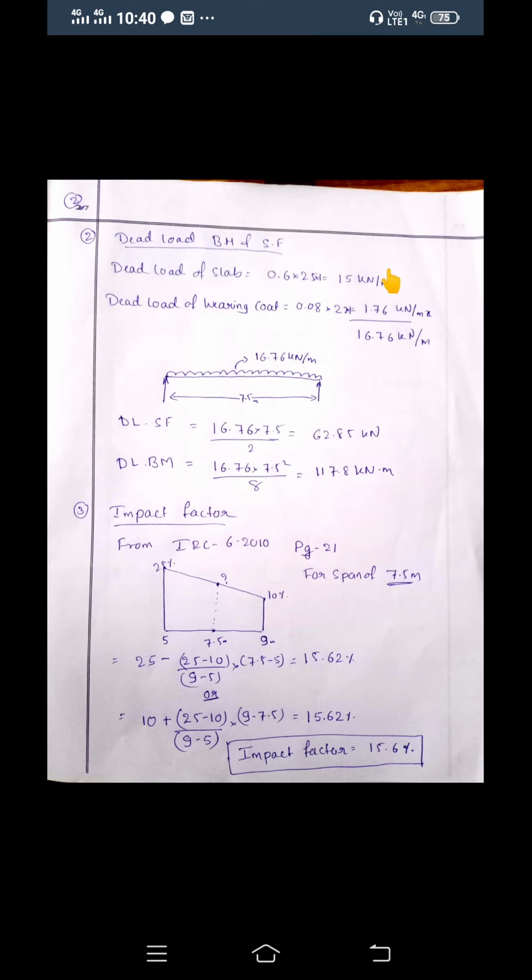This is the first step, we have found the effective span.